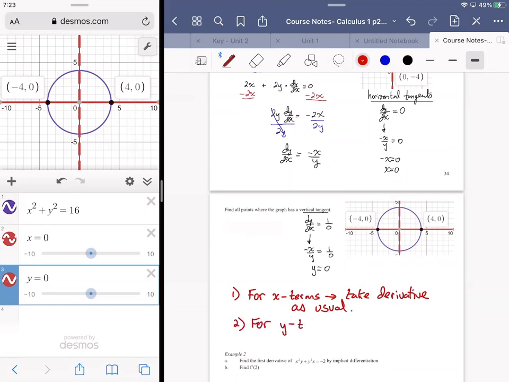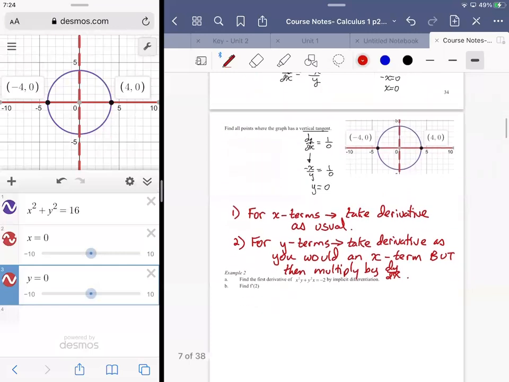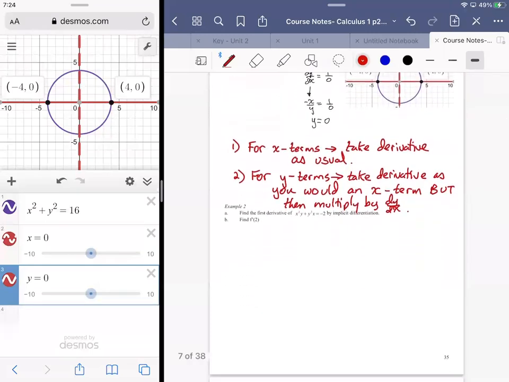For y terms, take the derivative as you would an x term, but then multiply by dy dx. All right. So let me just show you that in action.